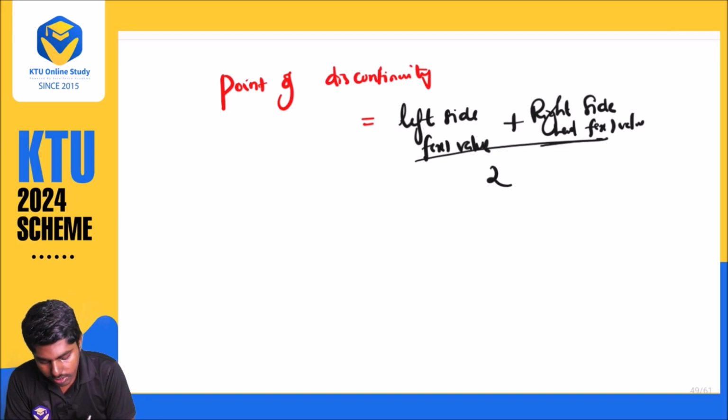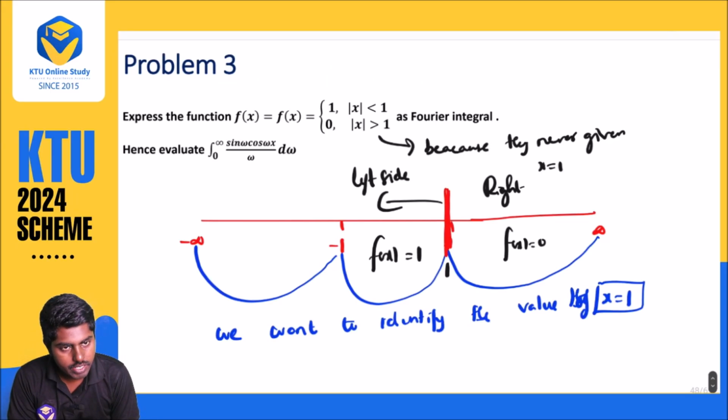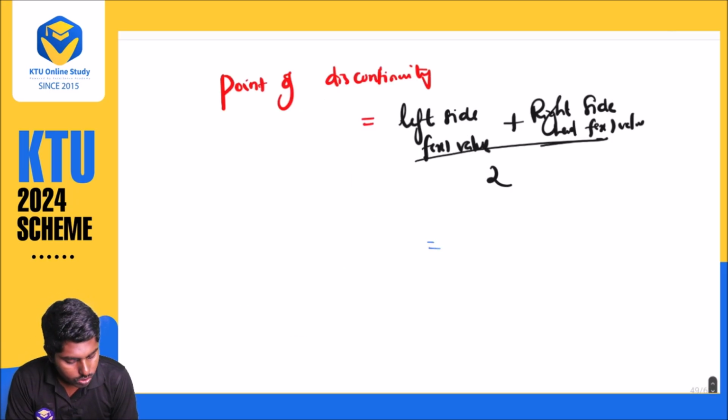The left side value is 1 and the right side value is 0, so 1 plus 0 divided by 2 is 1 by 2.